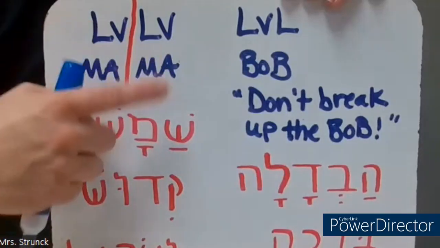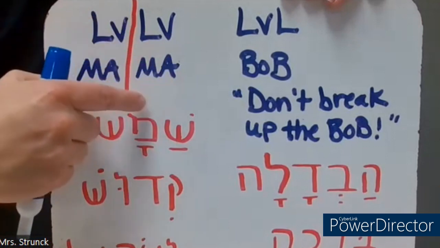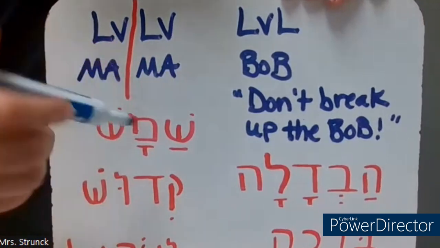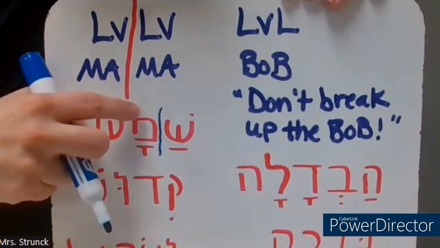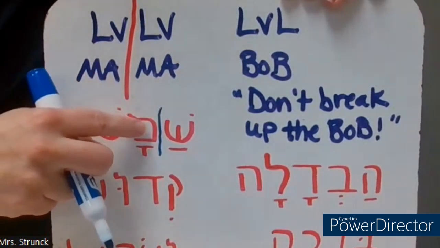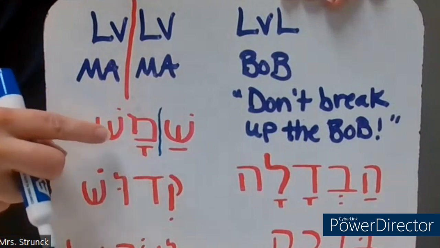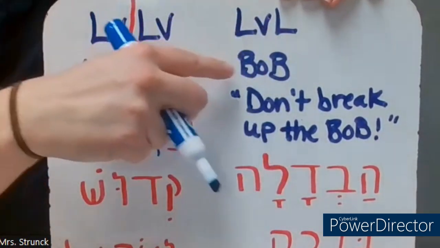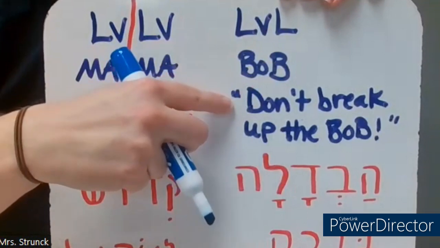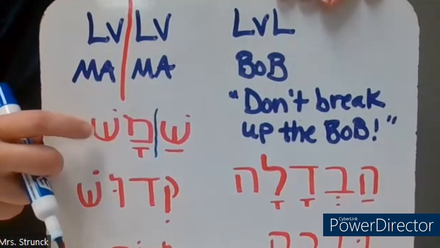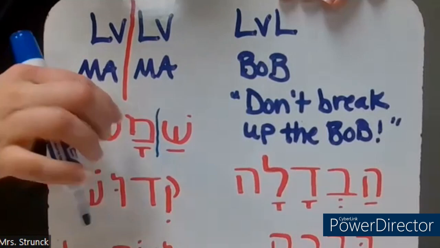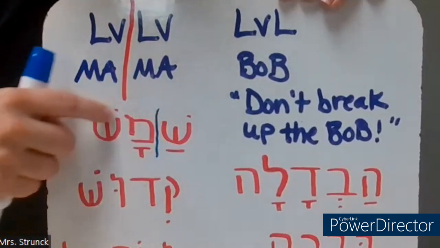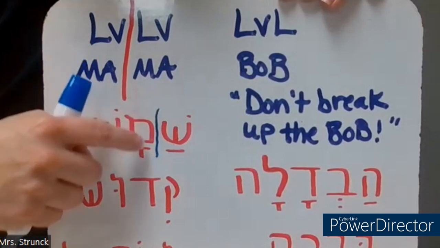That reminds me of the mama example. So after the first letter and vowel, I have to put my line. It's going to go here. Now I have to start after the line. So I have letter, vowel, letter. That's like Bob, and we don't break up the Bob. So this is just going to be a two-syllable word. Then we read it, sha, and then here's the second syllable, mash.